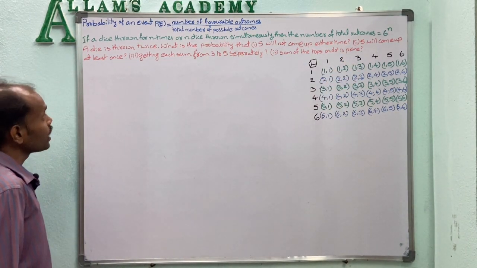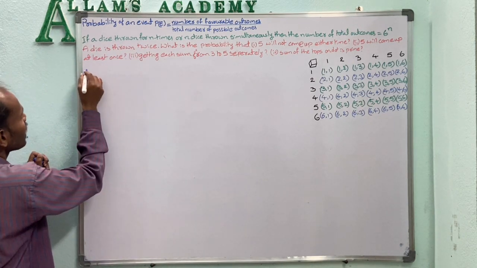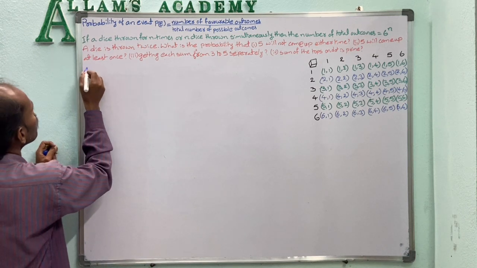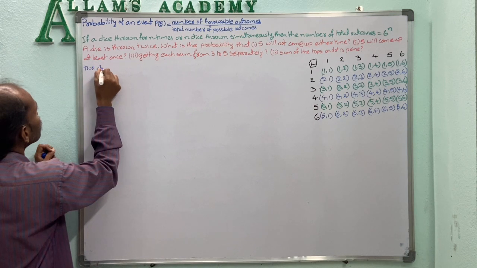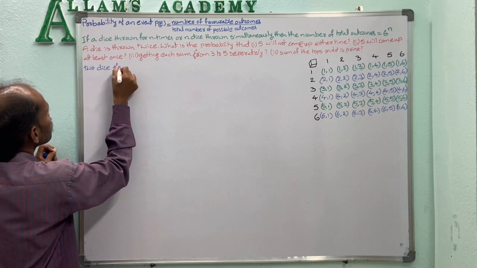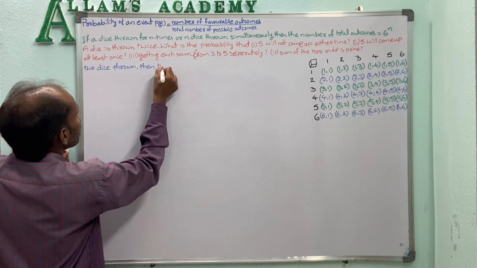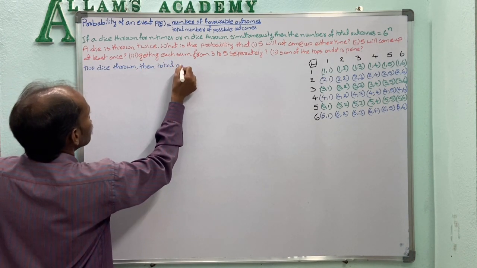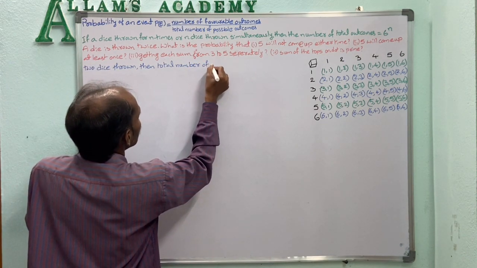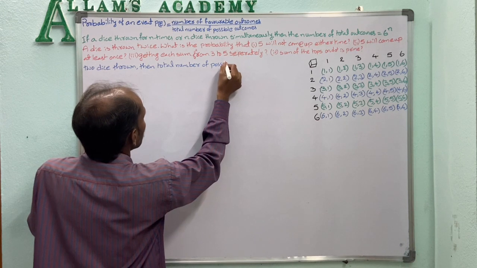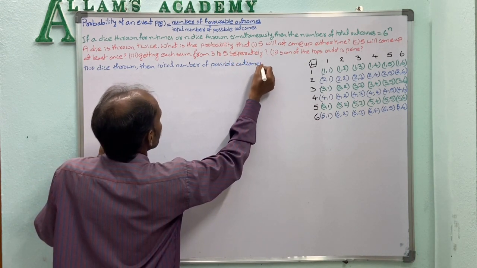So here given 2 dice that are thrown, then the total number of possible outcomes for one die is 6.